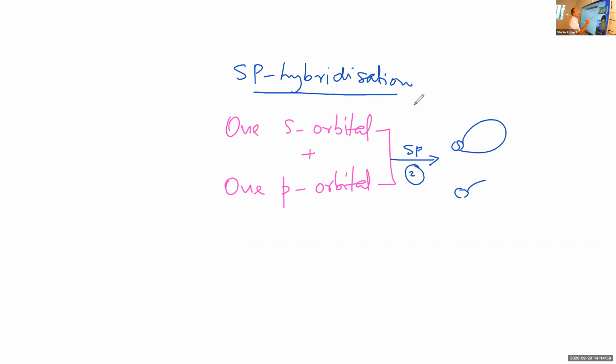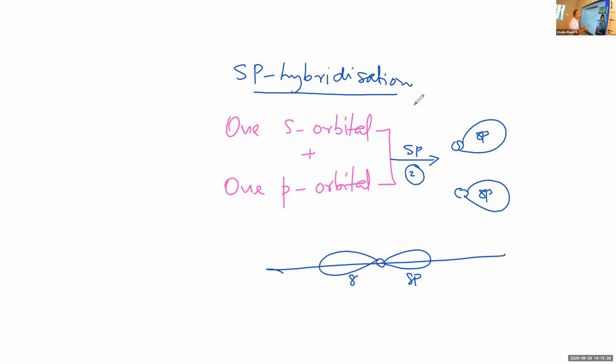These two sp hybrid orbitals are arranged along a straight line at an angle of 180 degrees, so that there is minimum repulsion. See here, there is the atom which is undergoing sp hybridization, and there is one sp hybrid orbital and the second sp hybrid orbital.